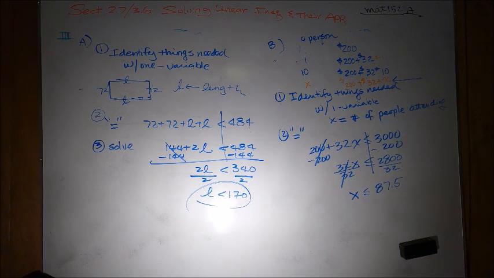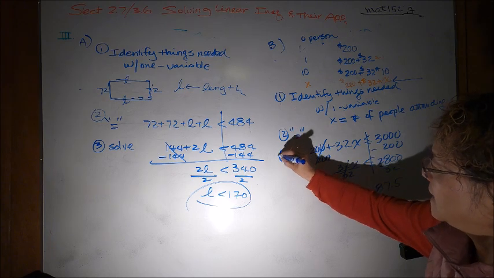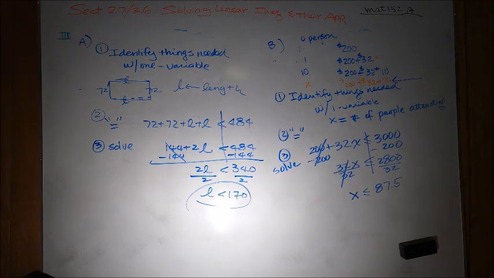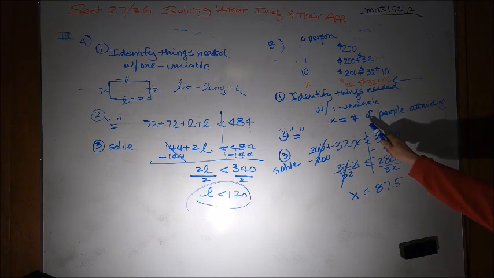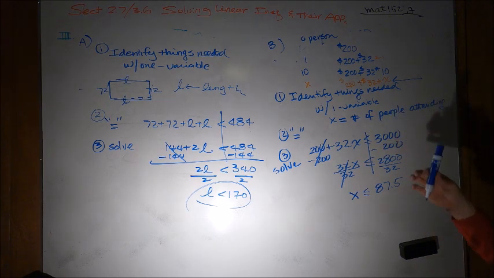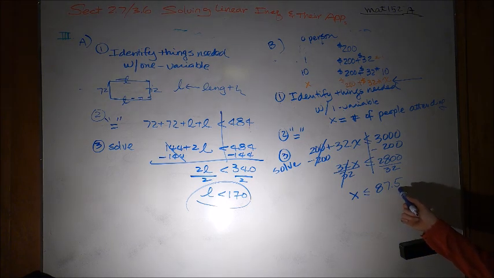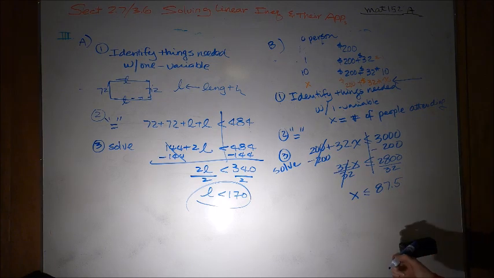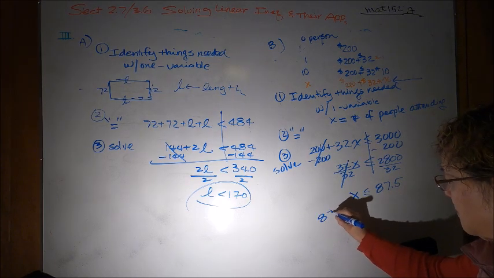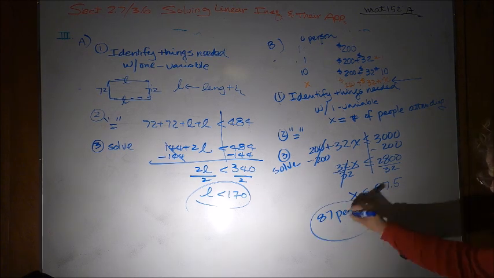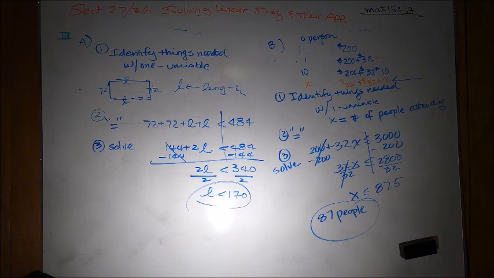So what is x? X is the number of people attending the party. Can you invite half a person? Not really, right? So that would be 87 people you can invite.